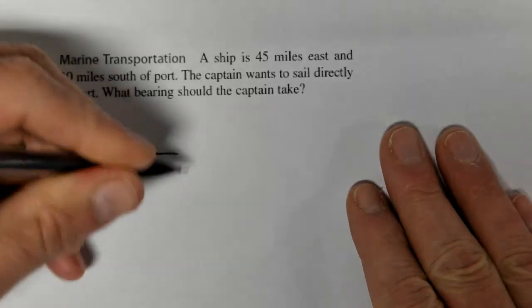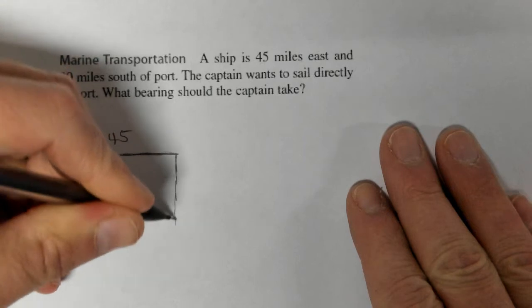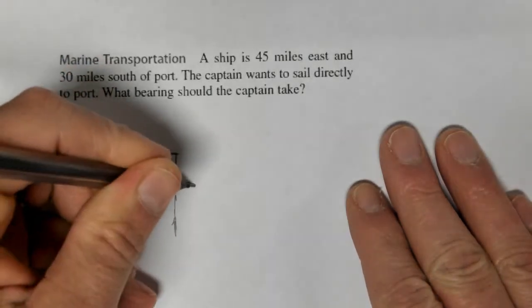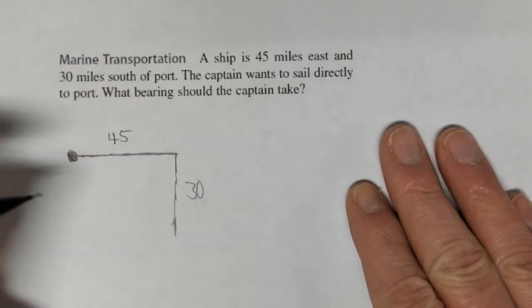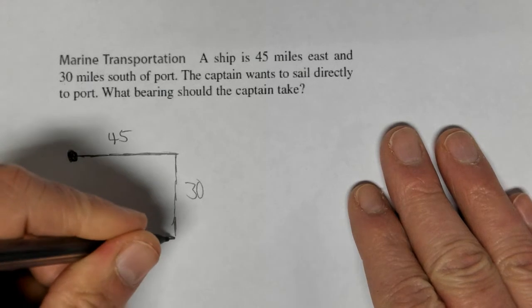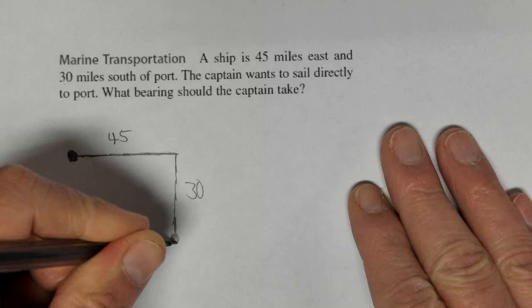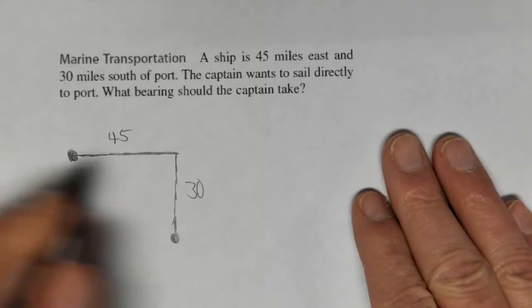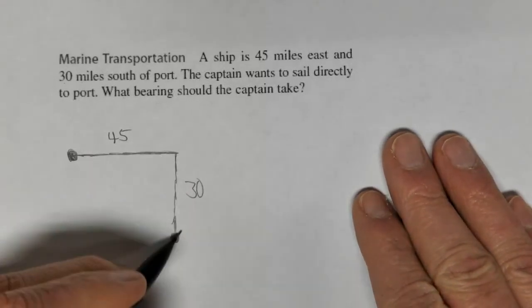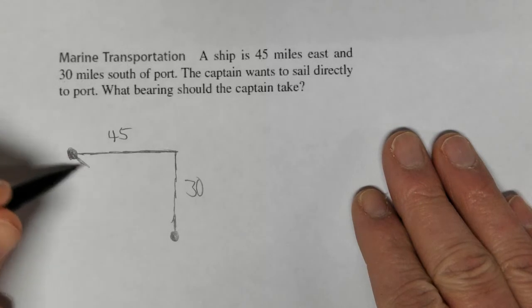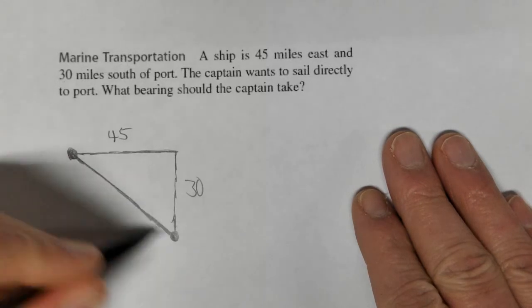And he is 30 miles south. South is this direction, 30 miles. So here's where our ship is. He's 45 east and 30 south. What bearing should he take to go directly back to the port?